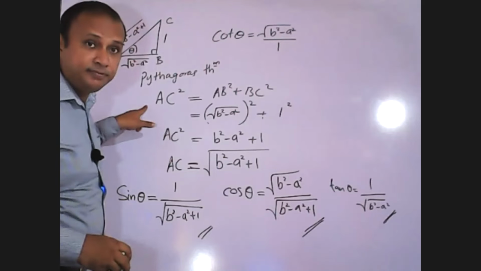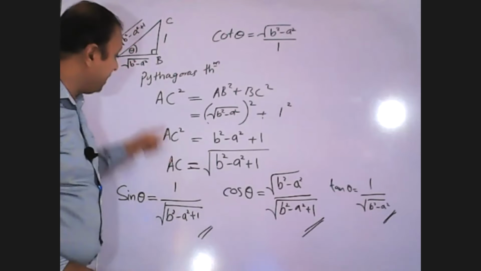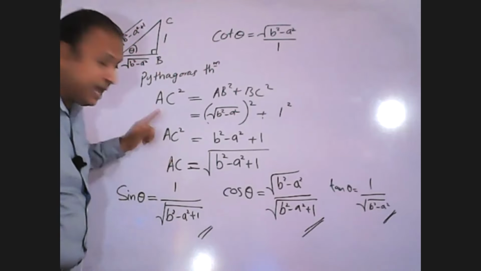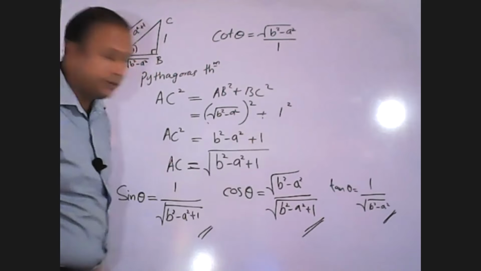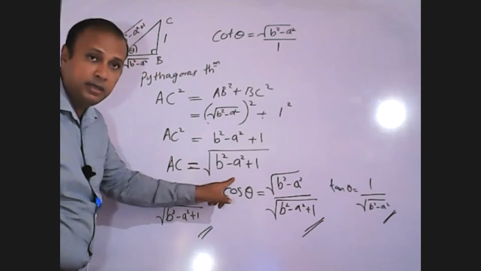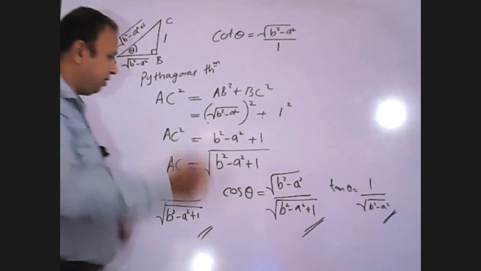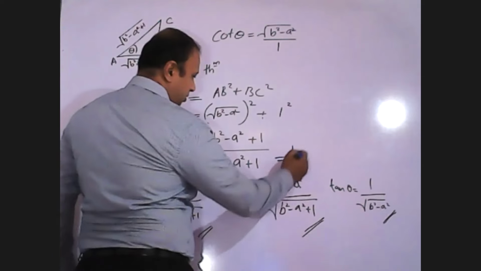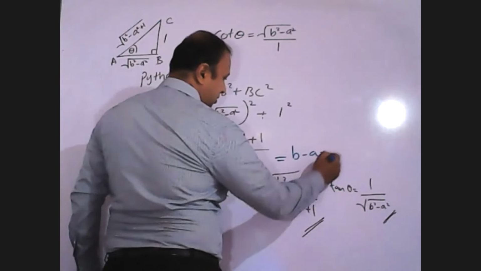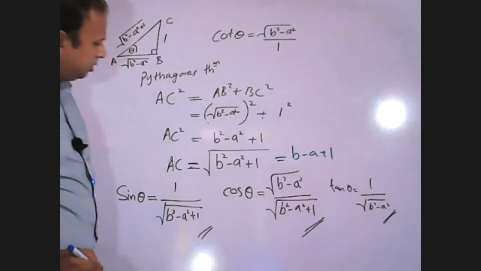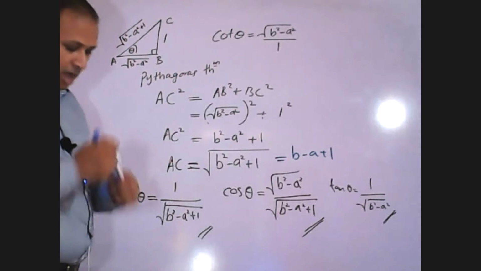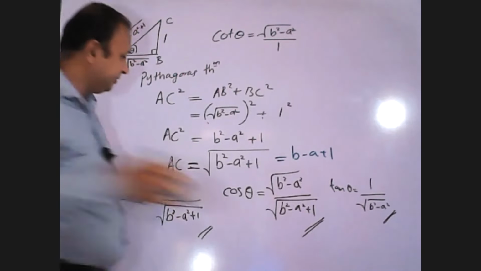Then you have to find AC. If you want to find AC, you have to take the square root of this one. Now I understand, you have taken it like this. No, we cannot do that.